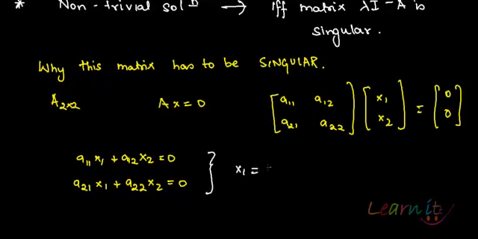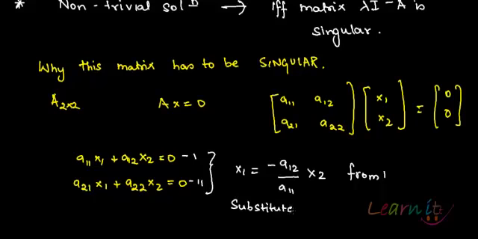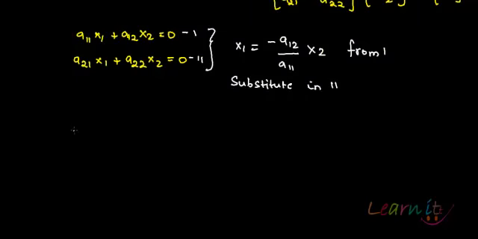So x1 equals minus A12 upon A11 times x2, which we get from the first equation. Substitute into the second equation, just the way we normally solve equations.